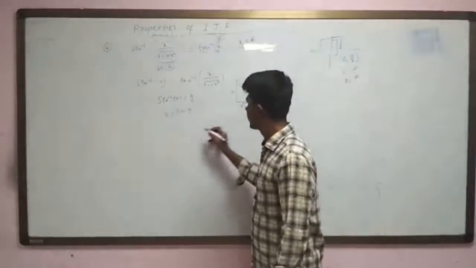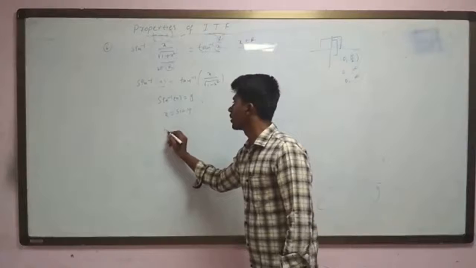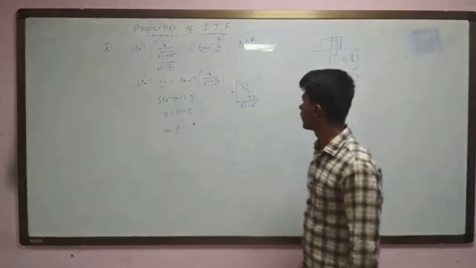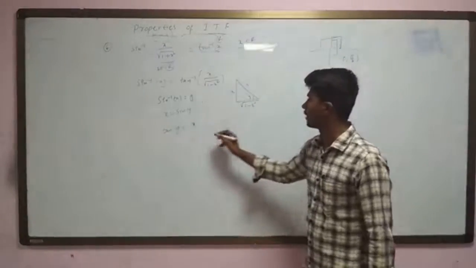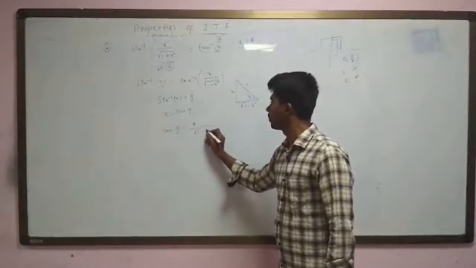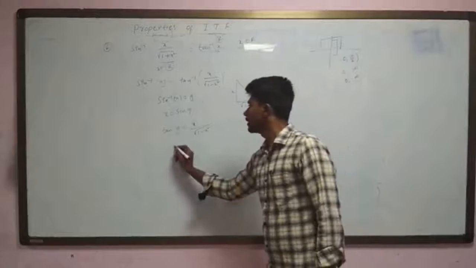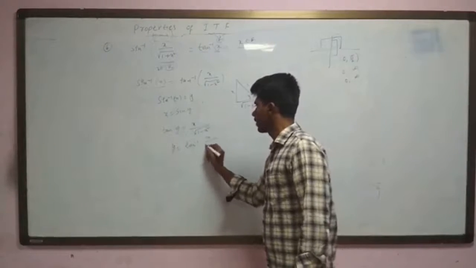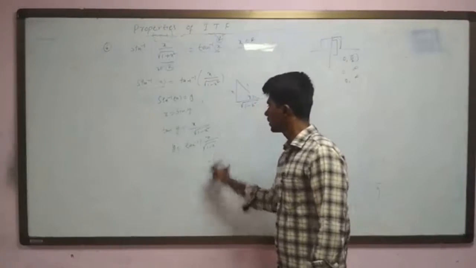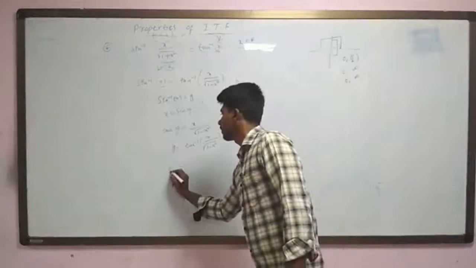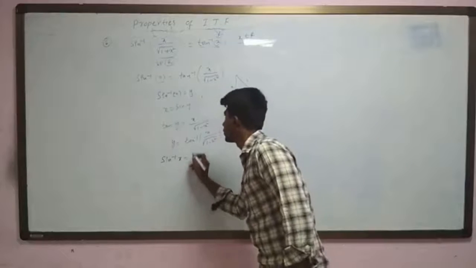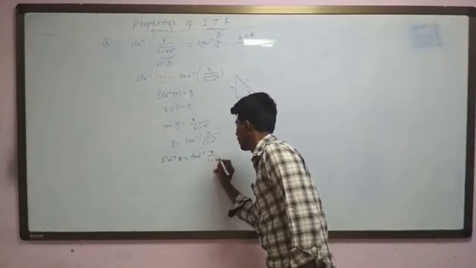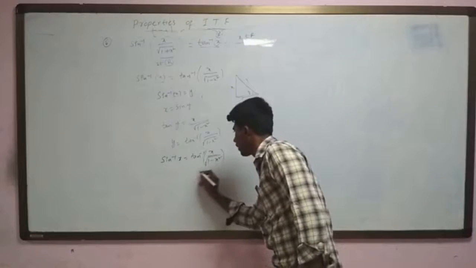So tan y is equal to x by root of 1 minus x square. So y is equal to tan inverse of x by root of 1 minus x square. What is y? Sin inverse x, which is equal to tan inverse x by 1 minus x square under root.